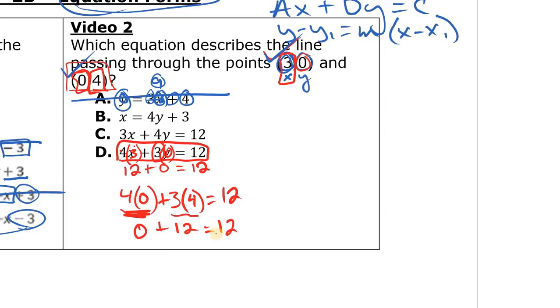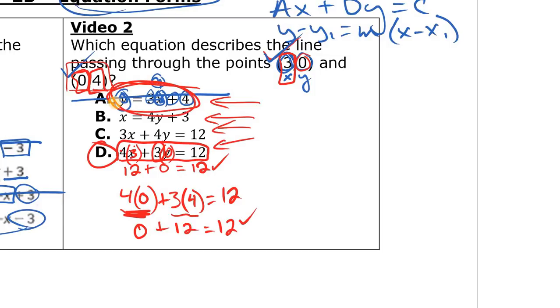Does 12 equal 12? Yes, so it worked on both of our points. We know the answer is D. If you don't like this method of plugging in these points, don't forget you can still type these into your calculator.